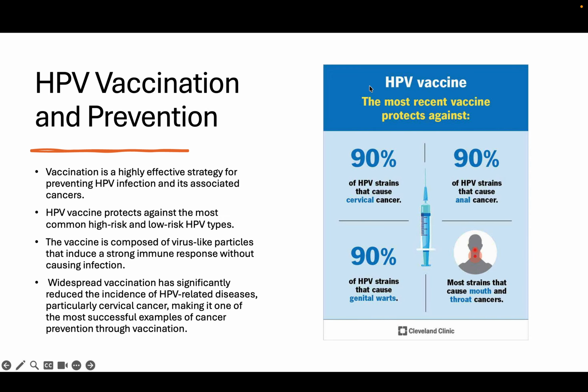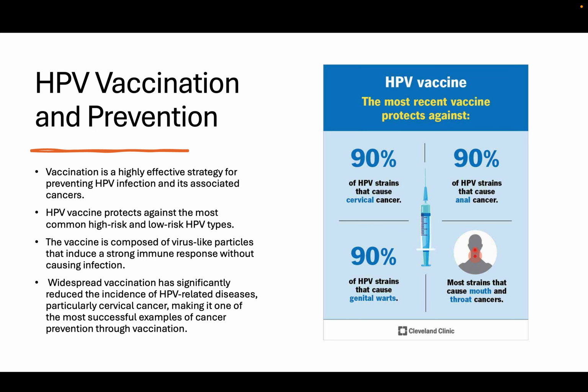Because of this, we have created a vaccination against HPV. This vaccine helps us prevent 90% of all strains that can cause cervical cancers, genital warts, mouth and throat cancers, and anal cancer. It has a tremendous effect on reducing, or even eliminating in the case of cervical cancer, the existence of these cancers.